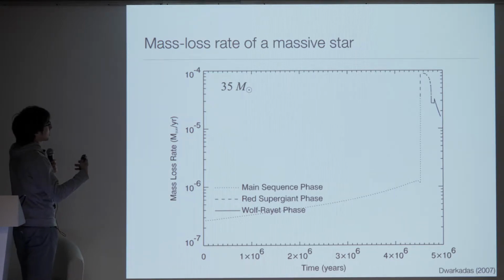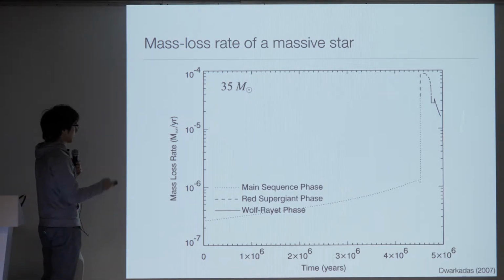This is the red supergiant phase. But at some point, it loses all the hydrogen-rich envelope, and then it goes to Wolf-Rayet stars. That reduces the mass loss rate, and at the end of the evolution, the mass loss rate is expected to be on the order of 10 to the minus 5 solar mass per year. So the star ends, it explodes there.